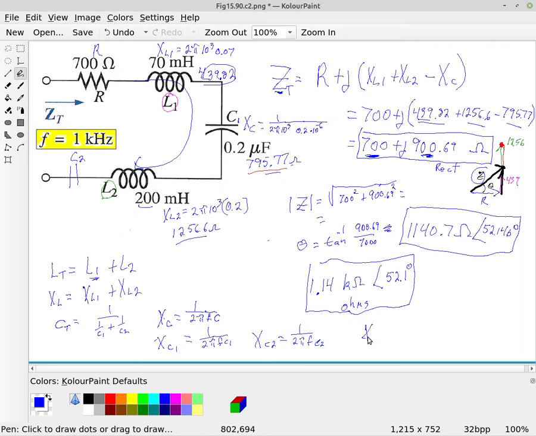So X of C total for the series circuit is equal to X of C1 plus X of C2. All right, because you're just adding impedances, and impedances in series add. Okay, but don't forget that there is the j term we've got to keep track of. But that's how we could find the total impedance of a circuit like this.